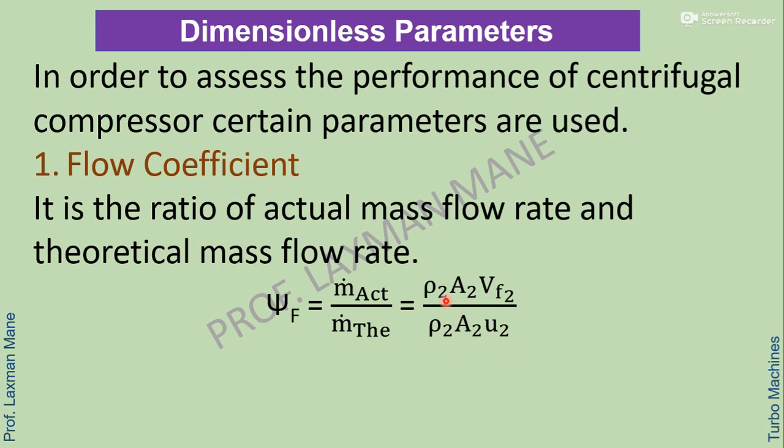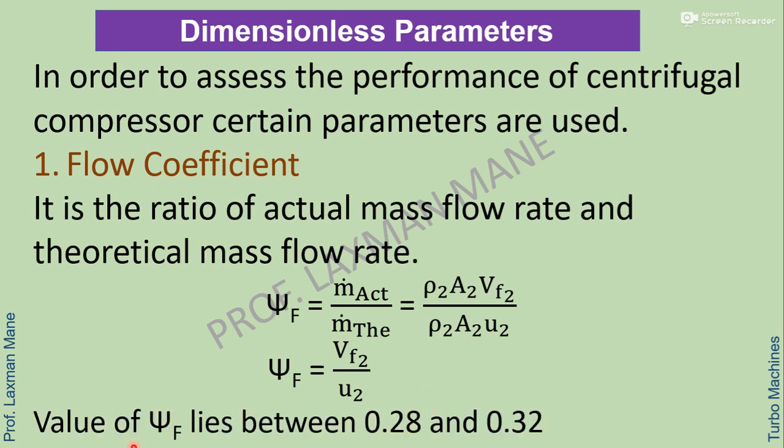So here cancellation of these rho 2 and A2 from numerator and denominator, we find relation for flow coefficient is equal to V up 2 upon U2. Value of flow coefficient lies between 0.28 and 0.32.